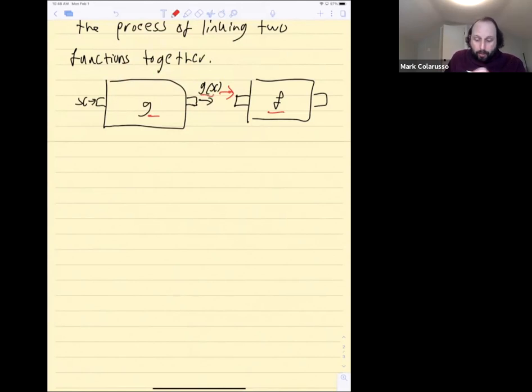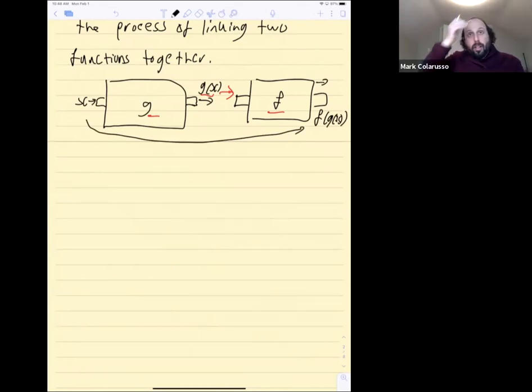So I can input this number g at x into the rule for f, to get an output f of g at x. This whole process of inputting x and putting it through the machine of g, then through the machine of f, that's called composition. We call this process the composition of f and g.